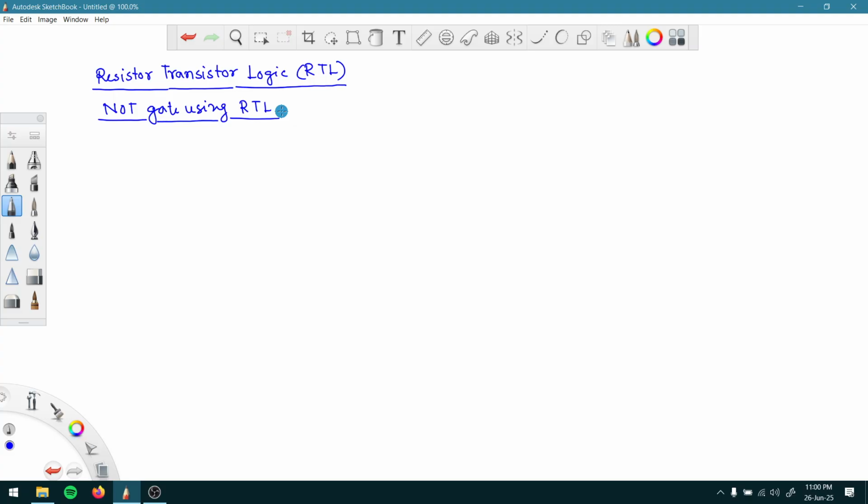So let us try to draw the circuit first. We had this resistor and we had this voltage source of 5 volt. Let us call that VCC, VCC equals 5 volt, and we have the value of RC equal to 5 kilo ohm, and then we have this NPN transistor here, and we got the output from here, right?